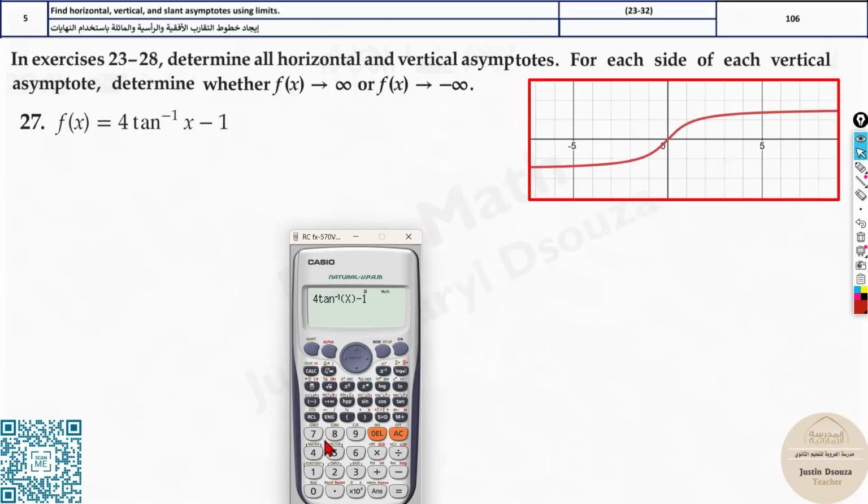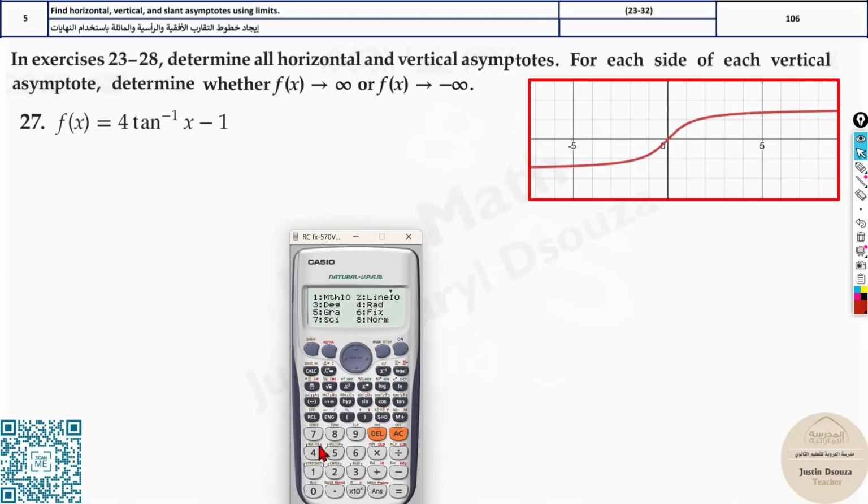If it is in degree, shift mode 3 is degree, you will have a D on the top. Let me keep it in degree and I'll show you the answer. Let's calculate it at infinity, say a big number 999. You're getting 358.9, it's 359 degrees, but we want exactly radians because the answers will only be in radians.